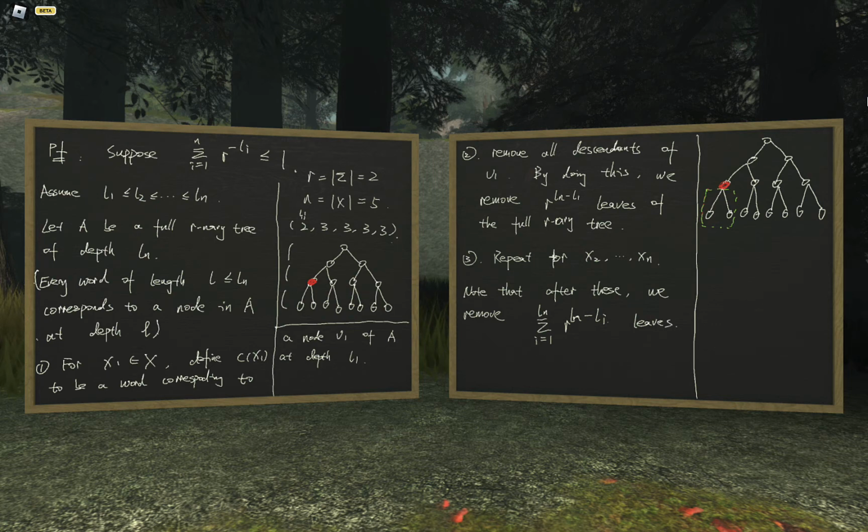And by our assumption, we know we have this smaller than r to the ln.